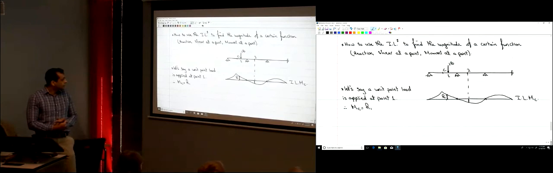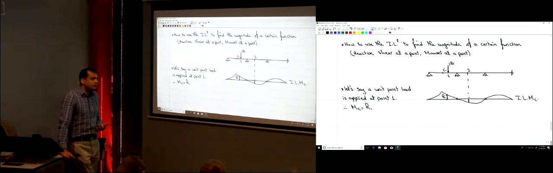But what if the load that is standing at point 1 is not 1 pound?